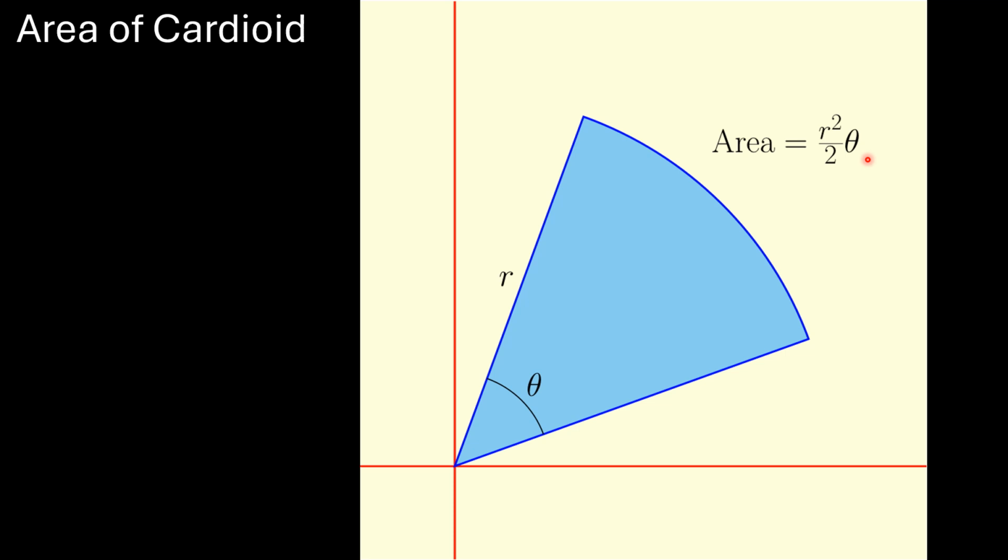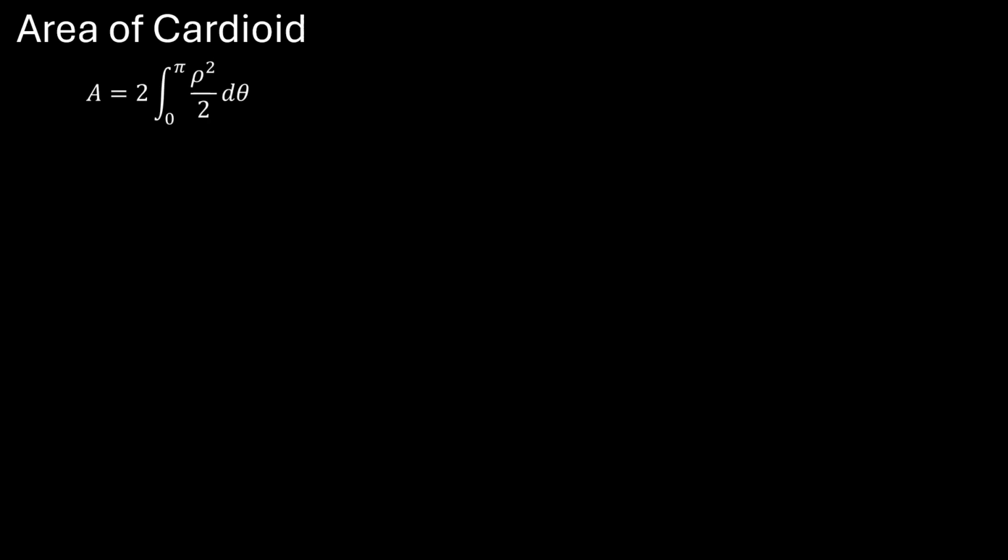But generally the area of that sector where theta is very small is r squared over 2 theta. So how may we apply this to the cardioid? So we do have our radius being rho squared over 2, and theta being the small d theta.